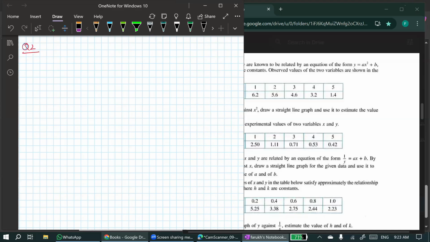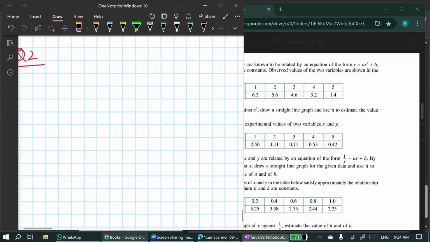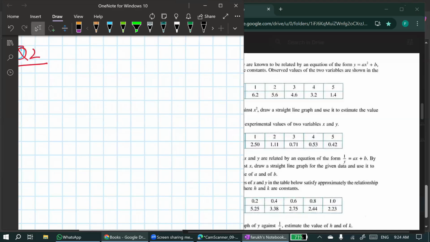Question 2. The equation given is y is equal to ax square plus b.